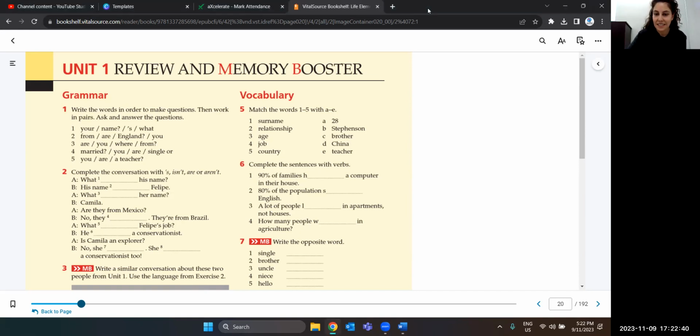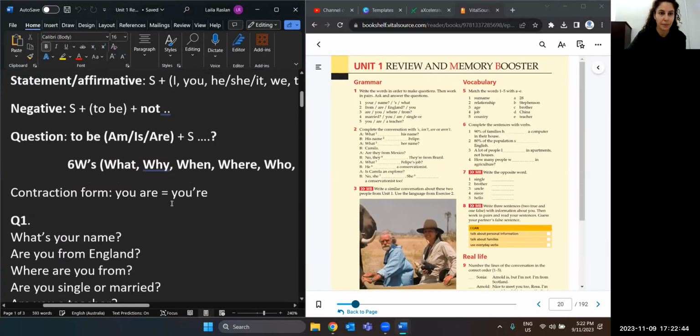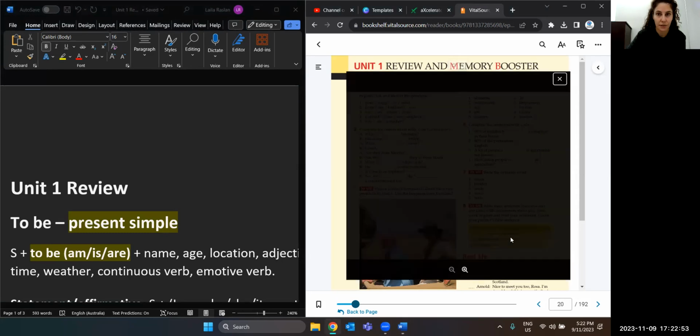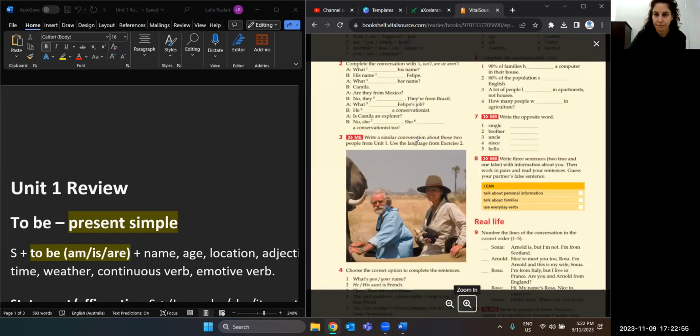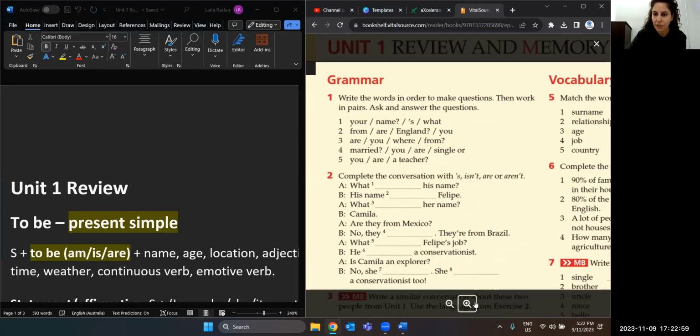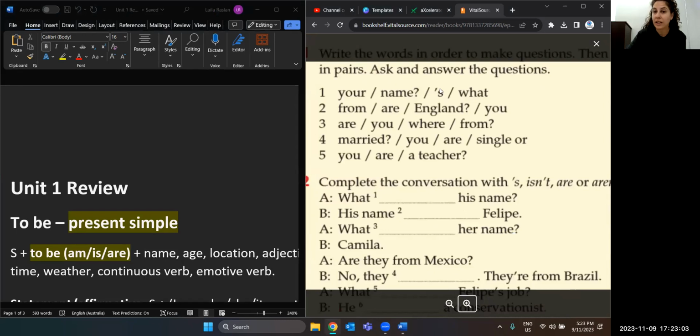So it says here, and I'll open up my notes as well. It says here, write the words in order to make a question. Okay, so we know that they're all questions.